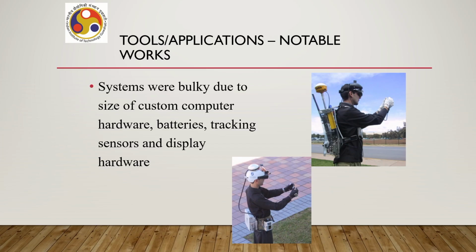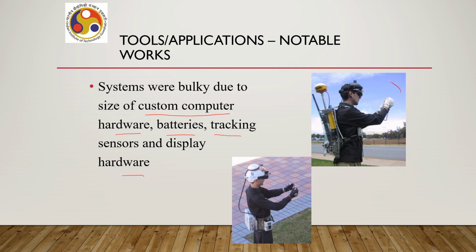However, it may be noted that the systems being developed and worked with at that time were bulky due to the size of the custom computer hardware, batteries, tracking sensors and display hardware. You can see some examples here in the accompanying figure.